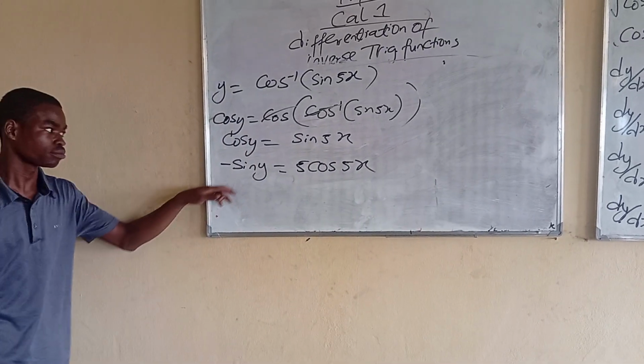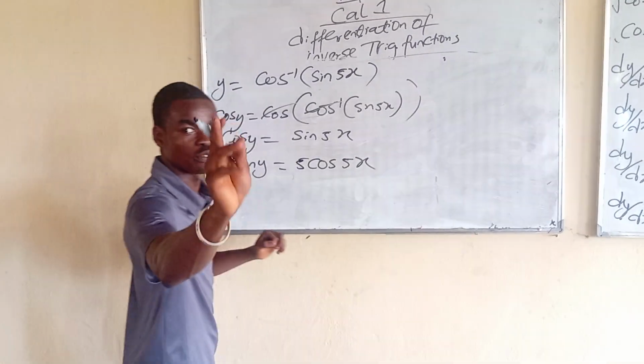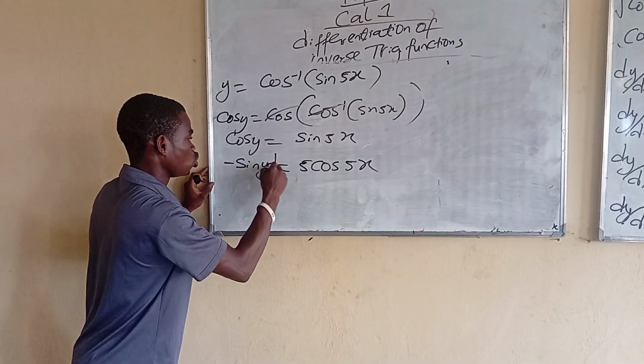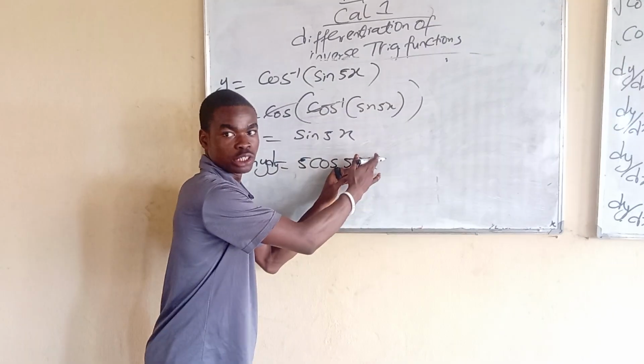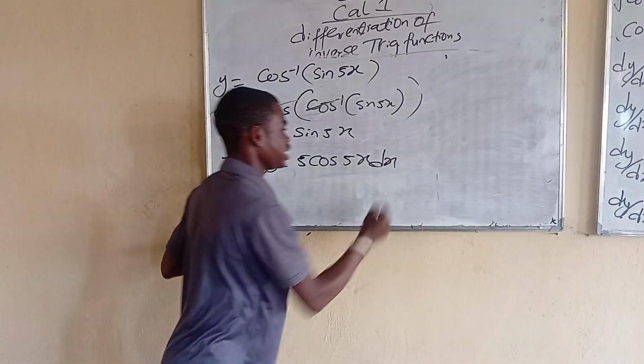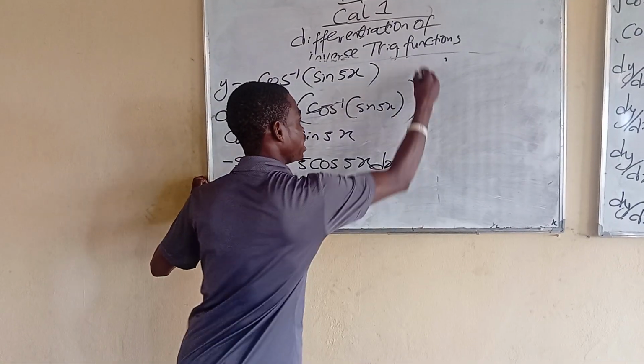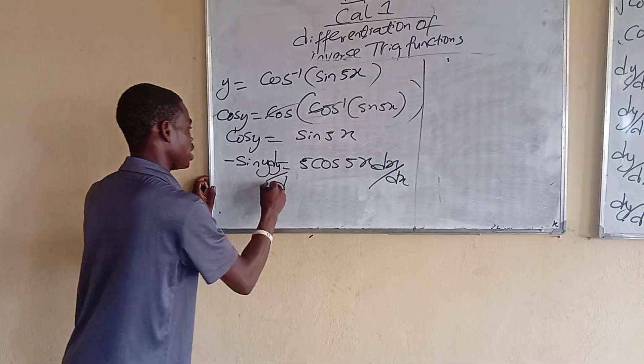We are not done. So please don't forget this. You are differentiating with respect to y, put your dy. You are differentiating with respect to x, put your dx. Now next step, find dy over dx. Divide both sides by dx.